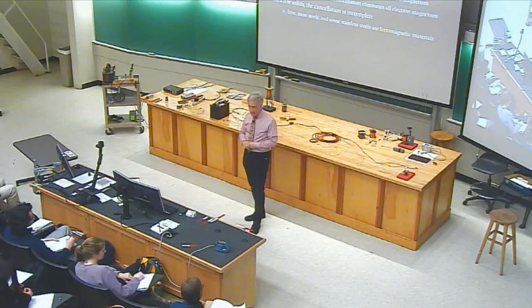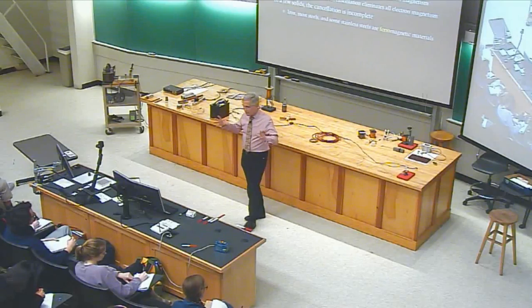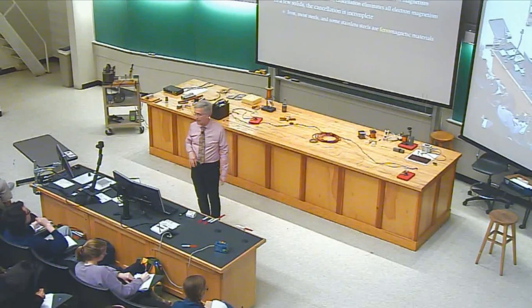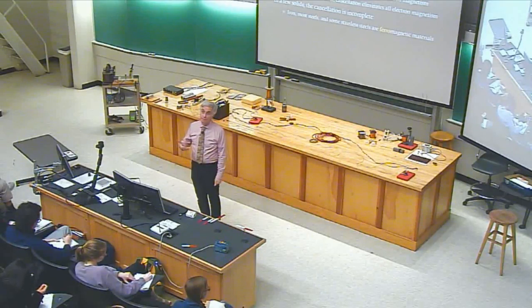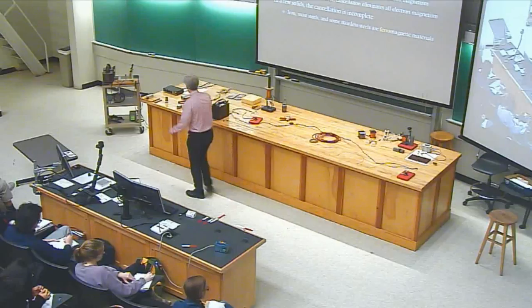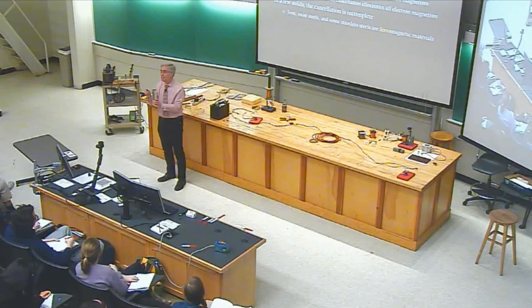There's some cancellation, but a lot of leftover electron magnetism is present inside the iron or steel. And that's not true of copper or aluminum, which I showed you a little bit last time. So this is a strong magnet, and aluminum could care less.